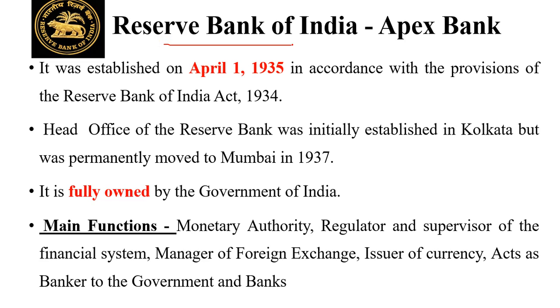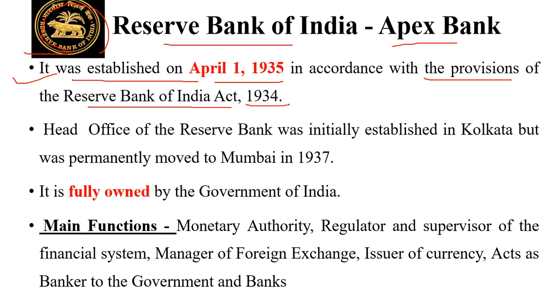First is Reserve Bank of India, that is Apex Bank. It is the central bank of our country. This is the logo of Reserve Bank of India. RBI was established on 1st April 1935 with the provision of Reserve Bank of India Act 1934.